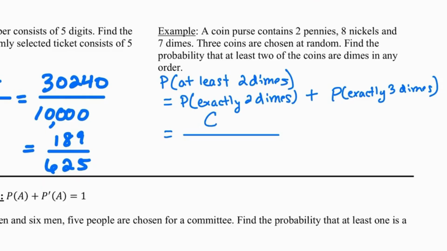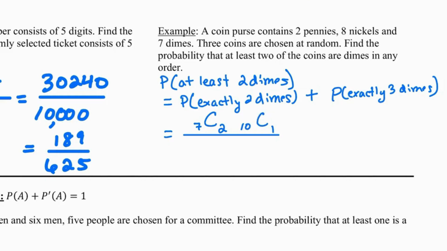So let's count how many ways that we can get 2 dimes. Well, there are 7 dimes in the bag, so I want 2 of them exactly. Then I don't want a dime. I want something that's either a penny or a nickel. Well, there are 2 pennies and 8 nickels, so 10 coins are not dimes, and I want 1 of them.